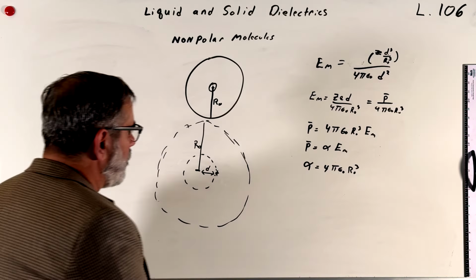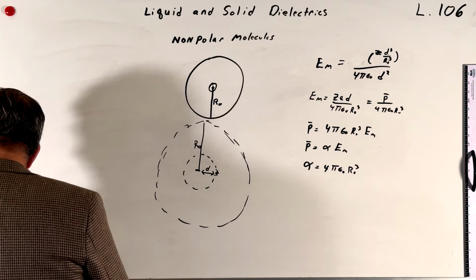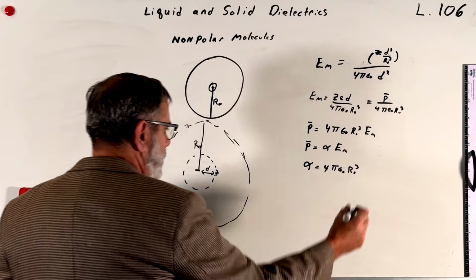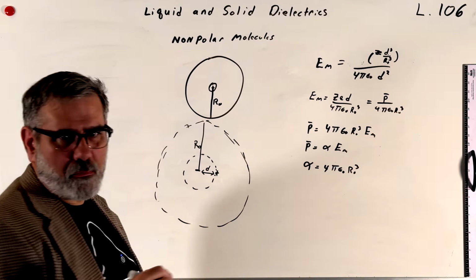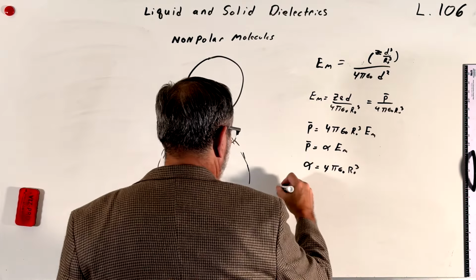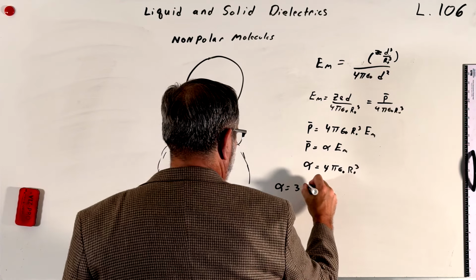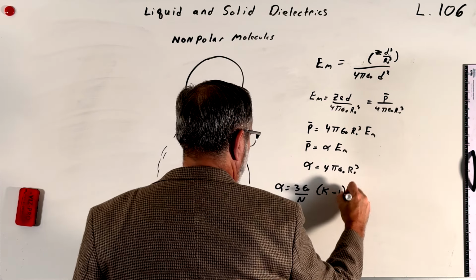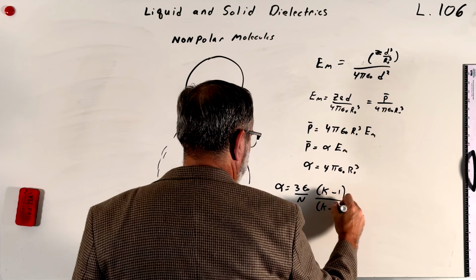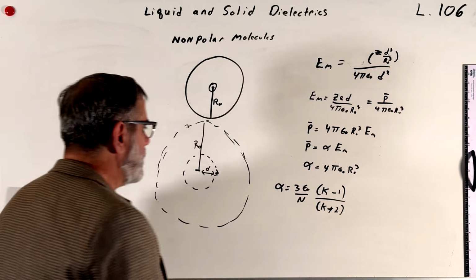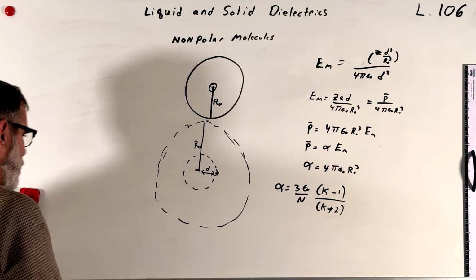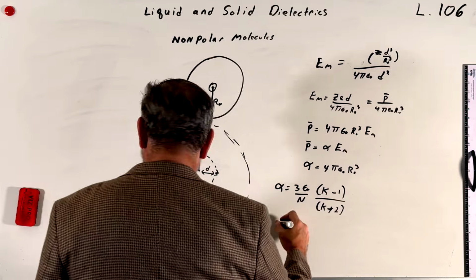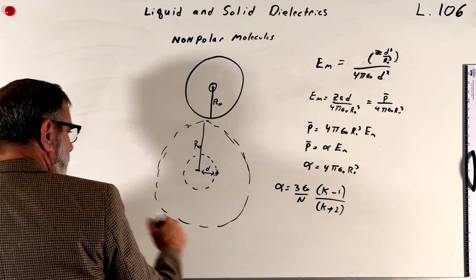So in your homework, I'm going to ask that you show, remember what I wrote before? Another version of the Clausius-Mossotti relation is to write the molecular polarizability as 3 epsilon naught over n times kappa minus 1 divided by kappa plus 2, where kappa is the dielectric constant, right? I want you to show in your homework that this is the case.